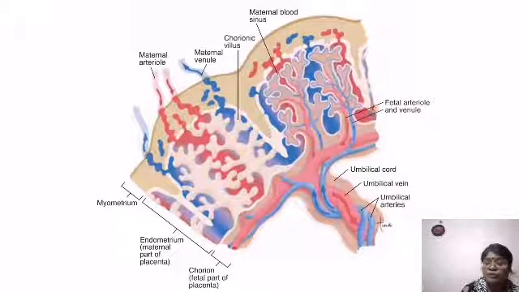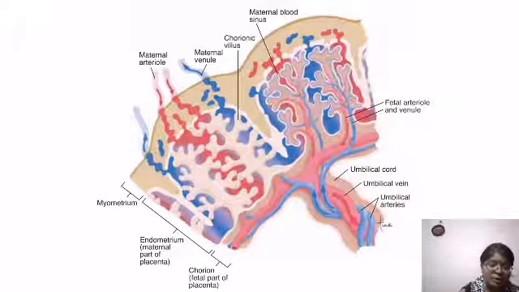You know the role of the placenta. The placenta is involved in exchange of gases, in taking nutrients from the mother's blood to the baby's blood, and it is also responsible for removal of waste from the fetal blood to the mother's blood. So basically there is no direct contact between the mother's blood and the child's embryonic blood.